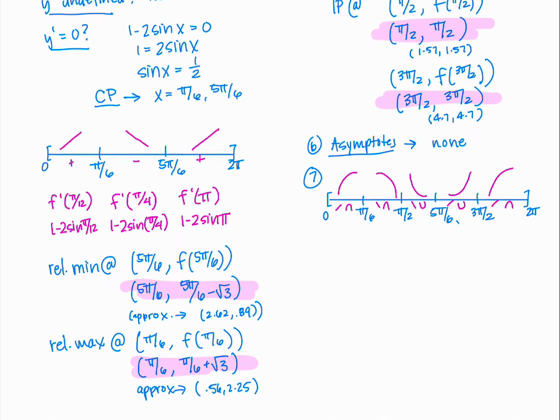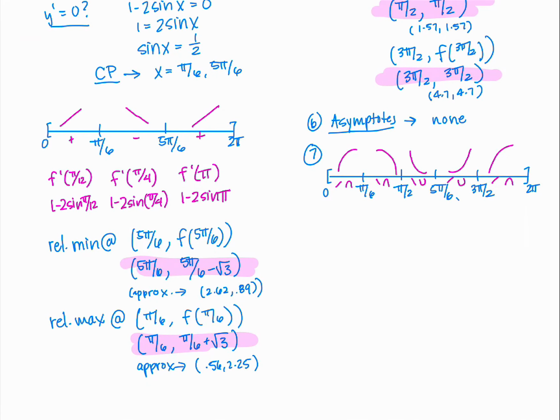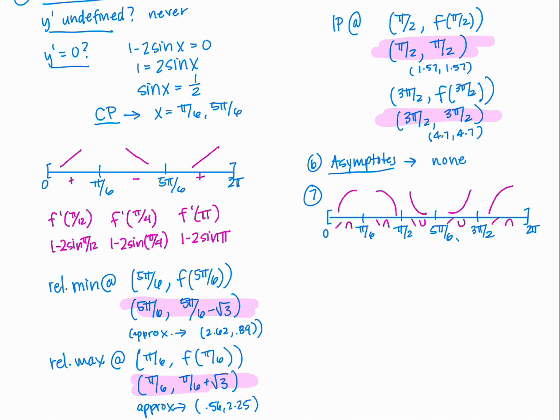So let's graph this. All right. Before you draw your axes, it's kind of nice to take a look at what points you have. As I'm looking around, my min and max, I see like 2.6-ish and 0.89, 0.56, and 2.5. My inflection points, I'm seeing 1.5-ish and 4.7 or so.